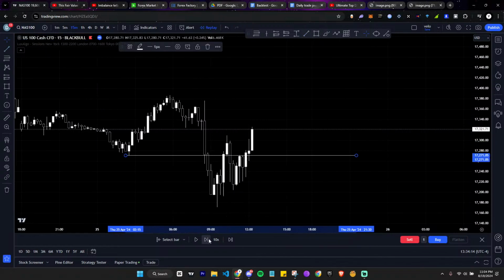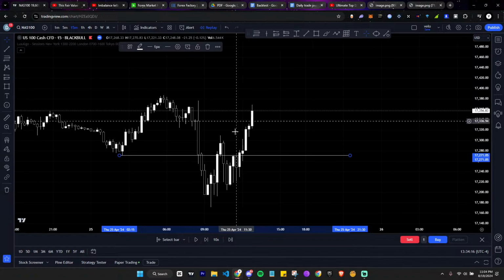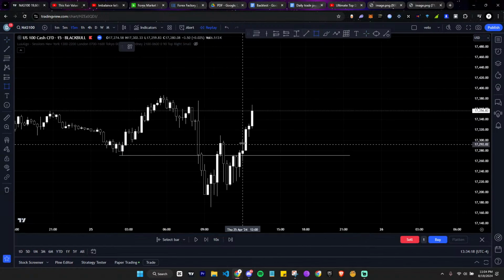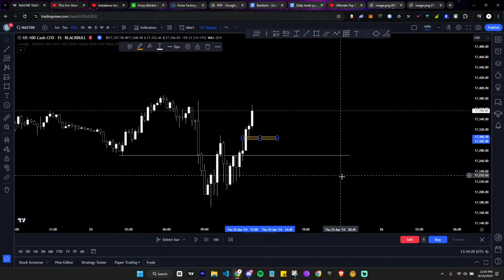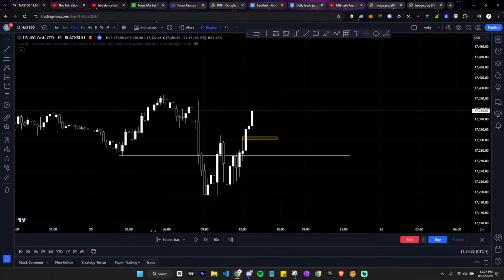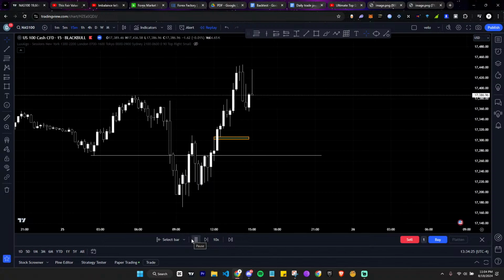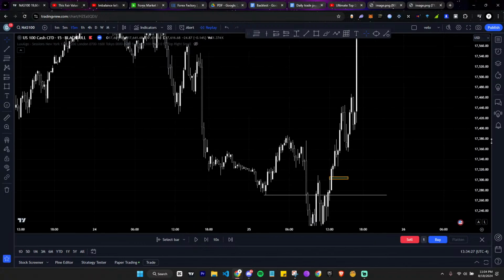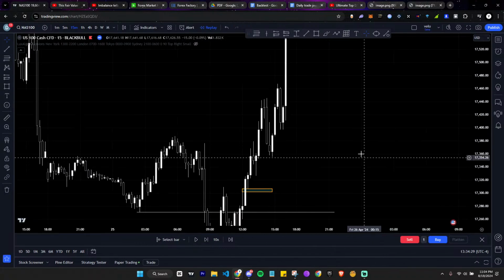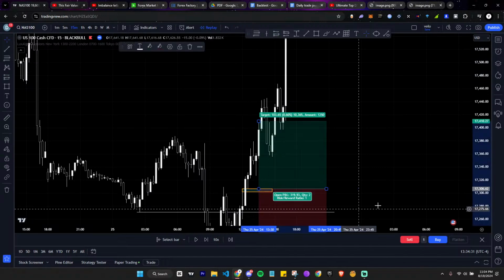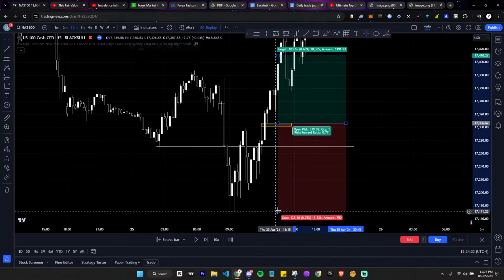Okay. Alright, so you see this little fair value gap? See if it pulls back. Nope, it doesn't. That is actually wild. It doesn't pull back.